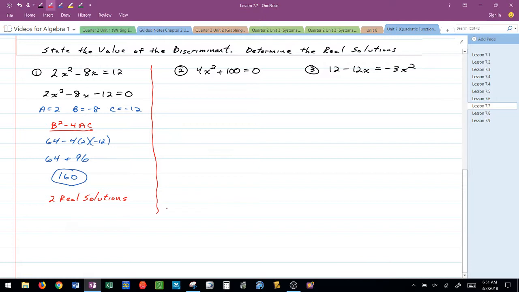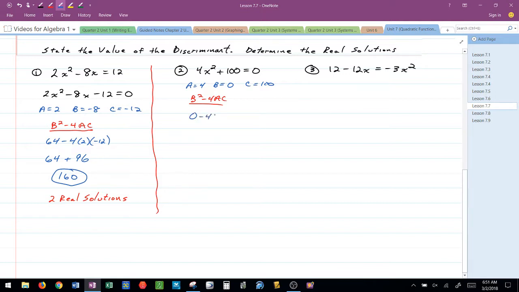Okay? Take a look at the next one. It is in standard form, but something unique is going on. I have a is 4. What's b? Well, there is no linear piece there, so b is 0, and c is 100. I'm going to find b squared minus 4ac, or the discriminant. I'm going to square b. Well, if I square b, I get 0.